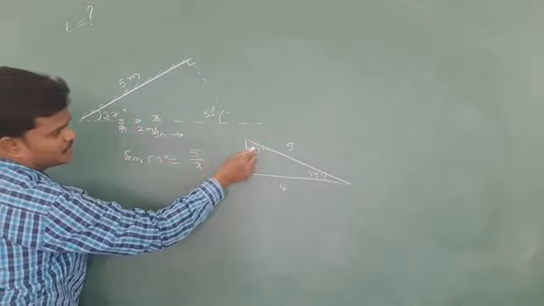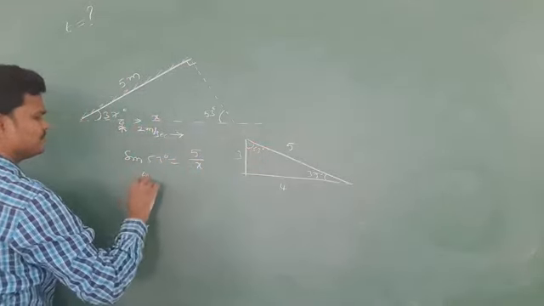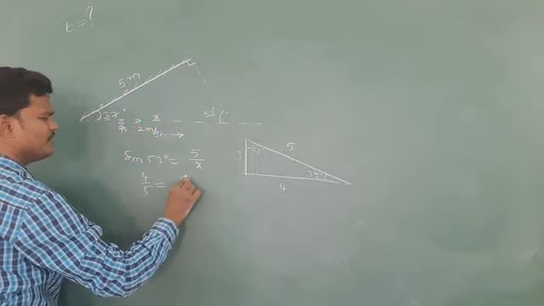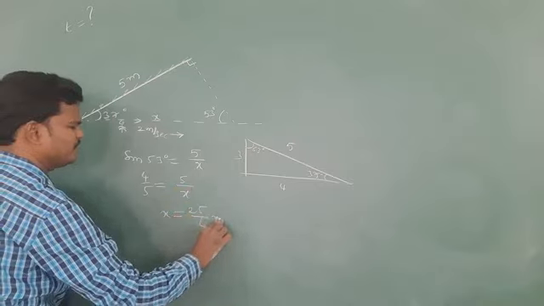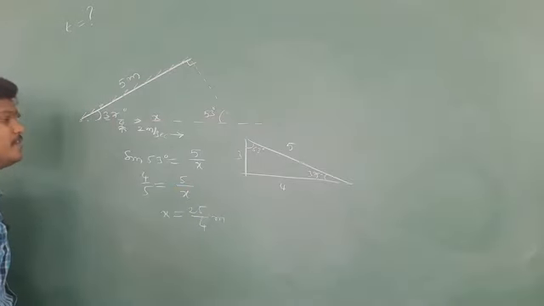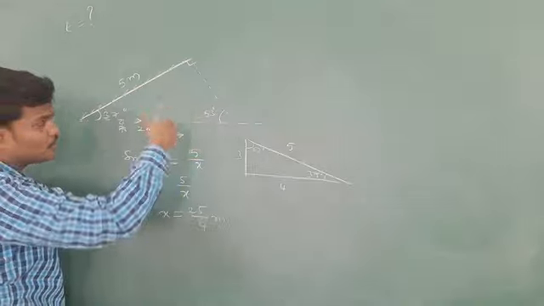Sine 53 is 4 by 5, so 4 by 5 equals 5 by x. How much is the x value? 25 by 4 meter. Up to 25 by 4 meter he is able to see the image.